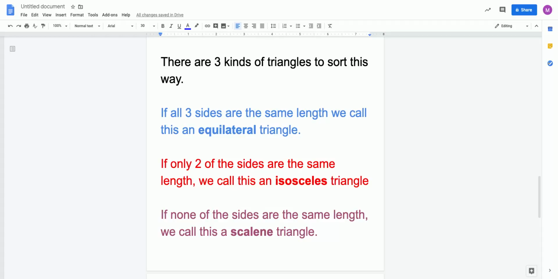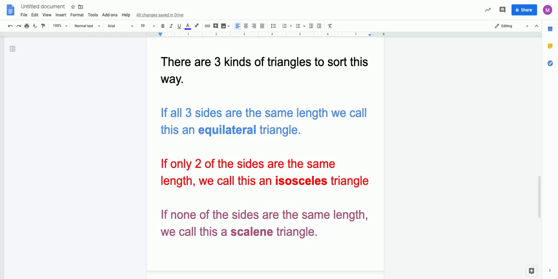Oh my gosh, look at all these. Can we give each of these two names? One based on the angles and one based on the length of the side. I'm going to grab my handy dandy pen. I think this one is probably a scalene because all three sides are different lengths.